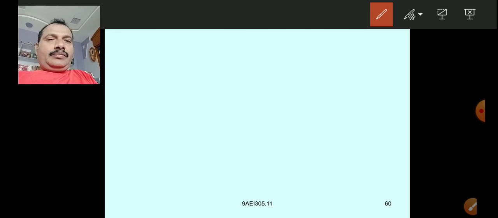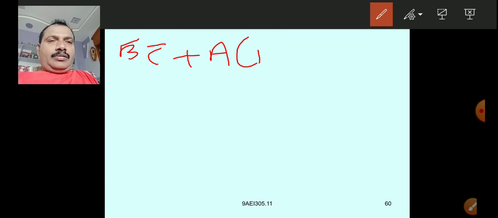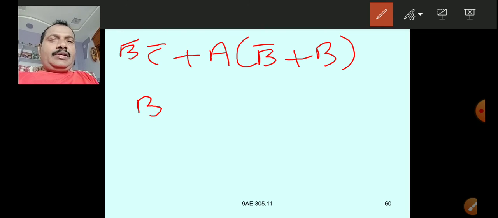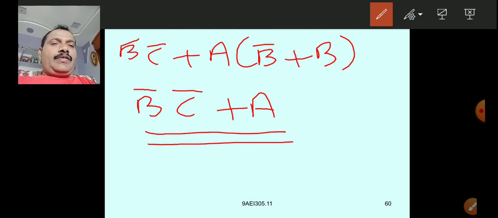B bar c bar plus A common, b bar plus b. Finally b bar plus b becomes 1. So b bar c bar plus A. So this is the final expression.